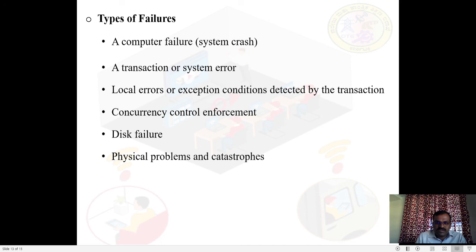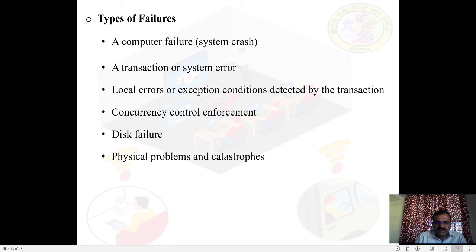Next one is concurrency control enforcement. The concurrency control may decide to abort a transaction because it violates serializability or several transactions are in a state of deadlock. Next one, disk failure.